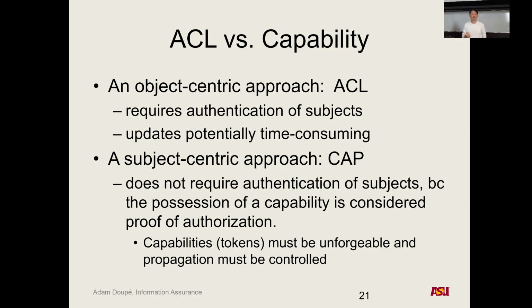Only the possession of the link guides us to the shared resource, because the possession of a capability is considered proof of authorization. That's what I'm saying about Google Docs and Dropbox. And the capabilities, in other words the tokens, must be unforgeable and unpropagatable without permission.